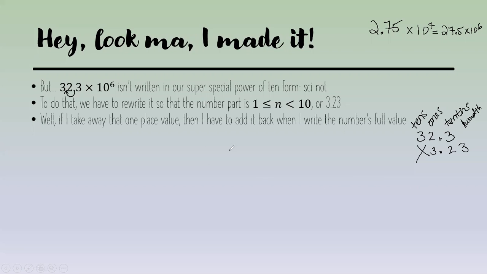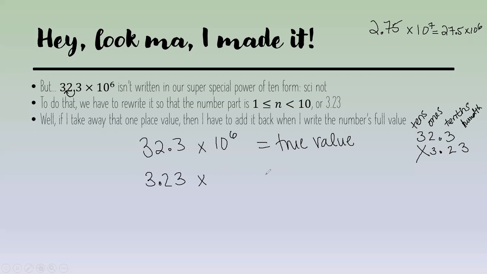That means that to get back to my full value, I'll have to add an extra place value. So originally, I was going to have to add 6 place values, 10 to the 6th, to get my true value. But I rewrote it so that I took away a place value. That means to get to my true value, I have to go an extra space.